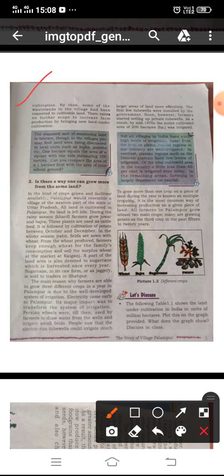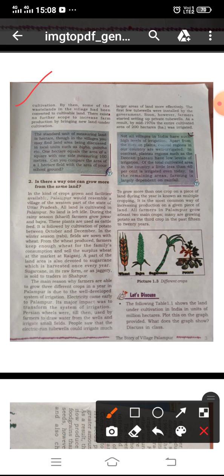When they have a surplus of wheat, they sell it at the market at Raiganj. Some of the farmers also produce sugar cane, which is harvested once every year. It takes one year to complete it, and sugar cane or its raw form, jaggery, is sold to traders and businessmen in Sahpur.